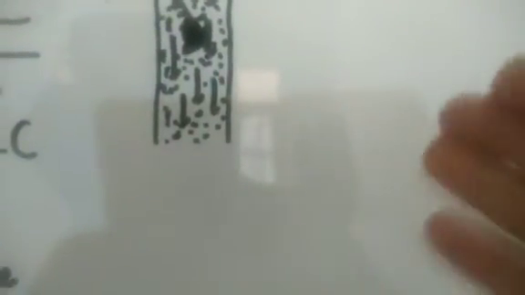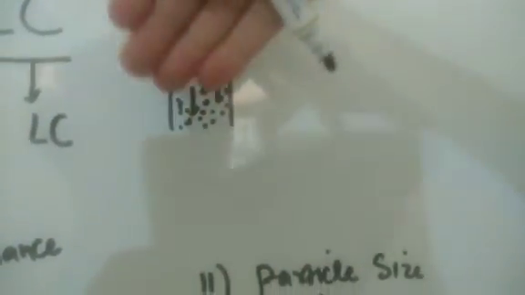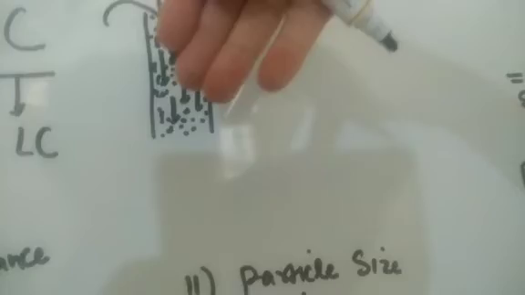They will adhere to the column because they are more polar. So polar compounds interact with the stationary phase more. And the solvent flowing through it is non-polar hexane. So they will take a lot of time to come through, because they will not be partitioned into the non-polar phase. We can separate them, but it will take a lot of time.